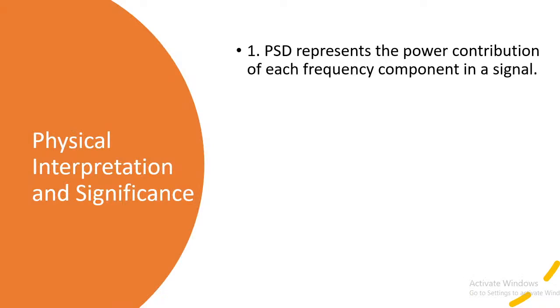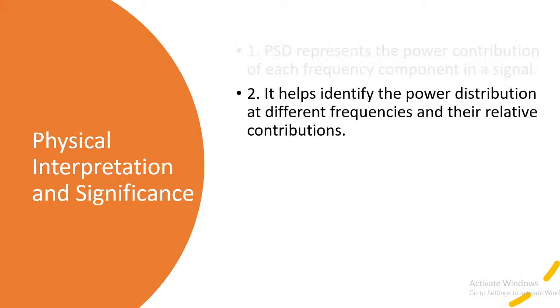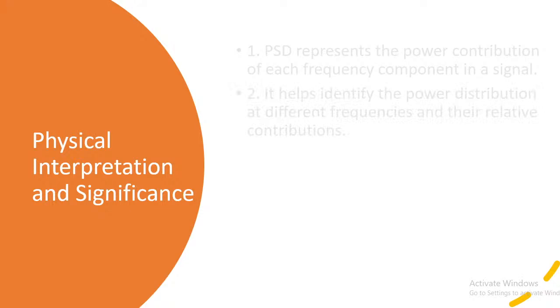Now, the PSD represents the power contribution of each frequency component in the signal being analyzed. It helps in identifying the power distribution at different frequencies and their relative contributions: which frequency is contributing more power, which frequency is contributing less power.